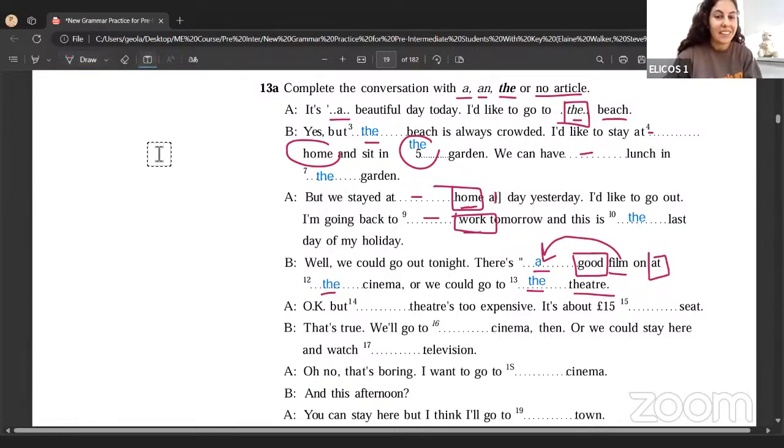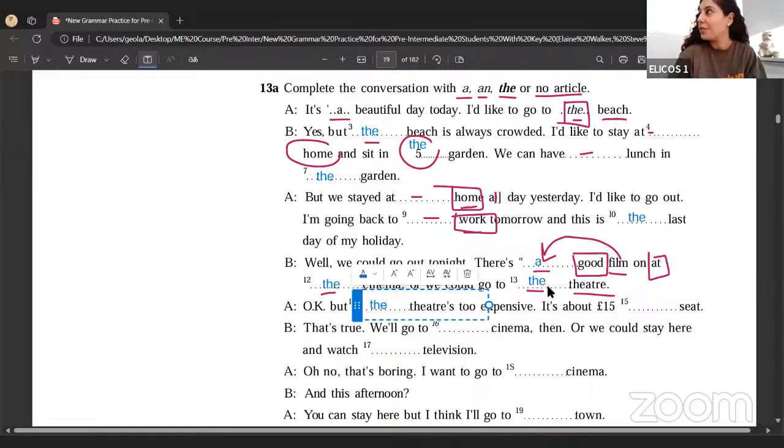Okay, then we'll go to Sarah. Okay, but the theater's too expensive. We already said theater before, so the next time I need to say the theater because I'm now more specific.